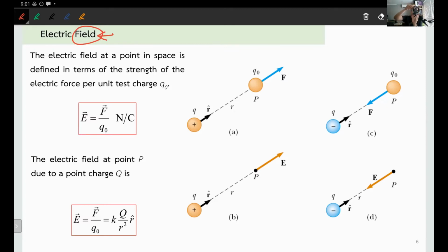That means in this blank space in front of me there is already a field pointing down, waiting for me to place an object in it. Once the object is in the field, it will experience the force, a downward force.